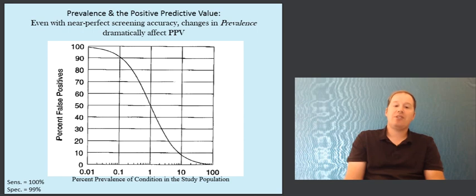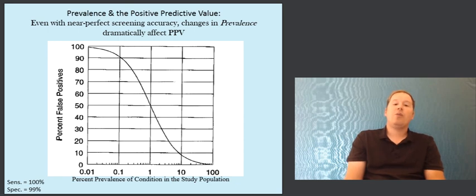Notice that when the prevalence is 0.01%, we are going to have a huge error rate, almost 100%. And if we have a very high prevalence of a condition, nearly 100%, then we know that the false positive rate will be very low, almost zero.